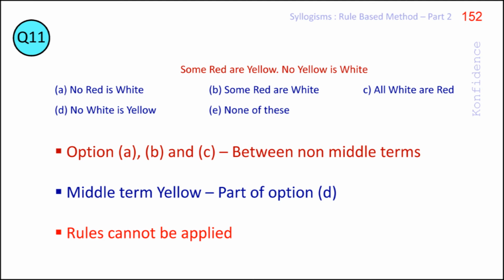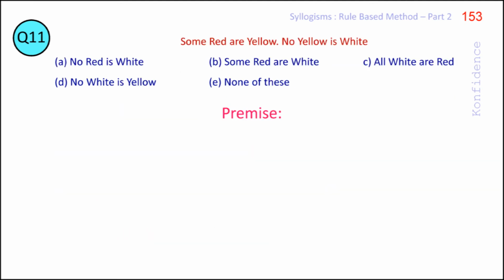What we have to do there is to analyze the premise that contains these 2 terms, white and yellow, and see whether this conclusion can be deduced from that statement or not. Let us look at that premise relating white and yellow. The second premise. It says, no yellow is white.